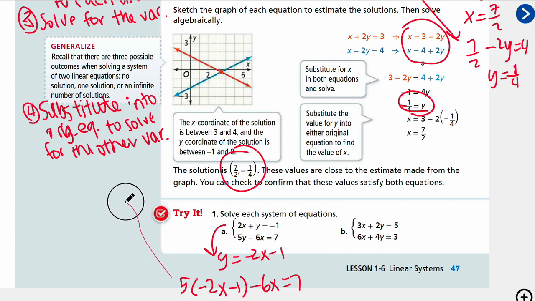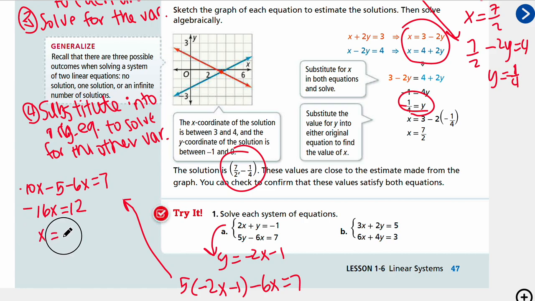Then you have negative 10x minus 5 minus 6x equals 7. Then you have negative 16x equals 12. And then you have x is equal to negative 12 over 16. But that's really 3 over 4, so x is negative 3 over 4, right?